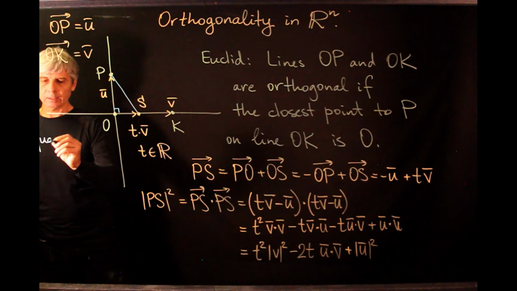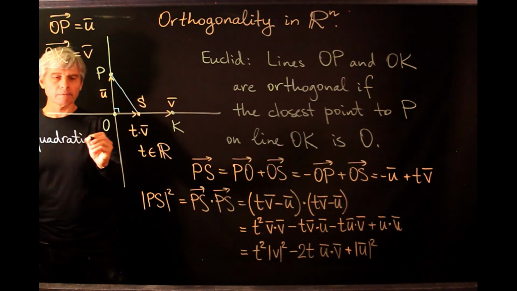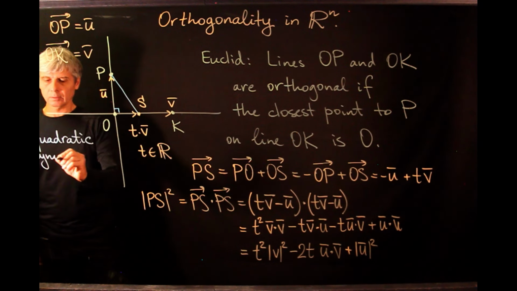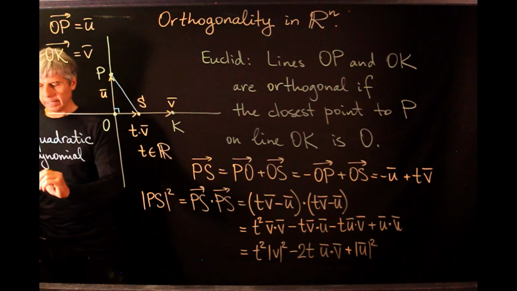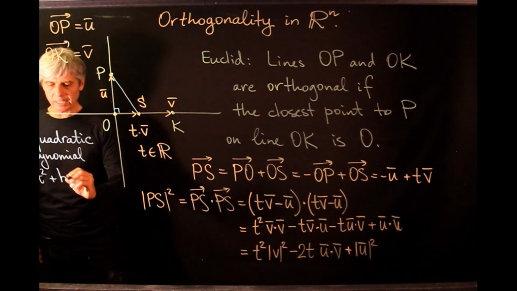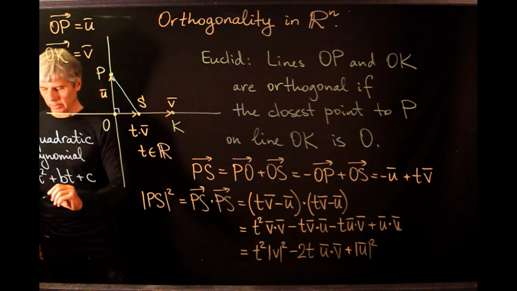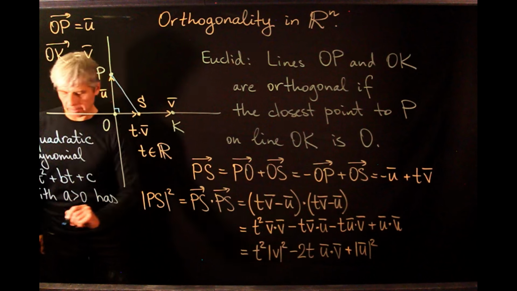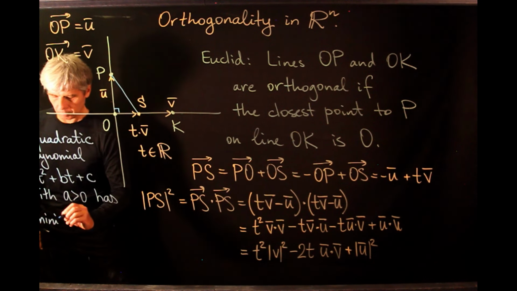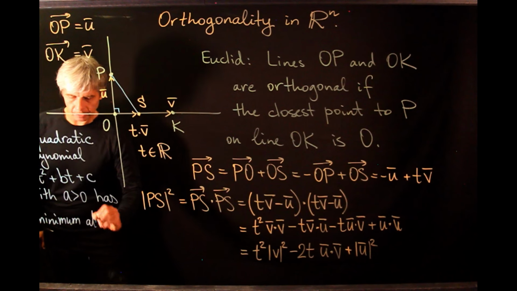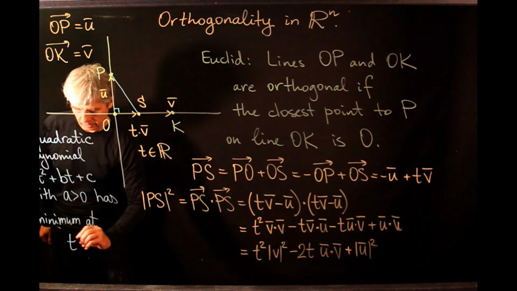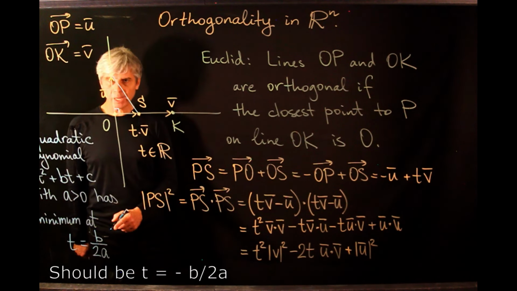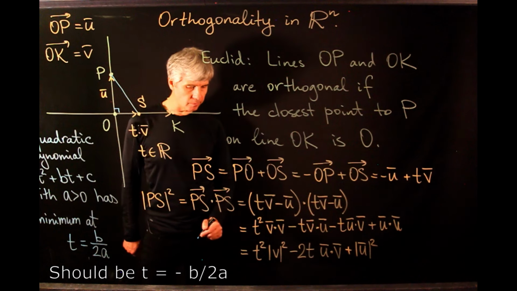A quadratic function, polynomial, AT squared plus BT plus C with A greater than 0 has its minimum at the point T equals minus B over 2A. Let's apply this result to the calculation that we've got here.